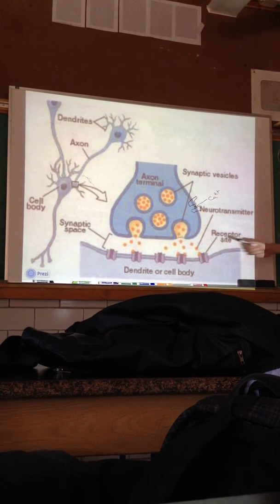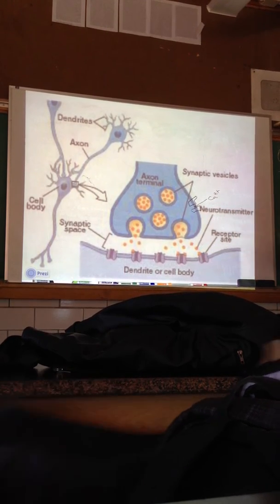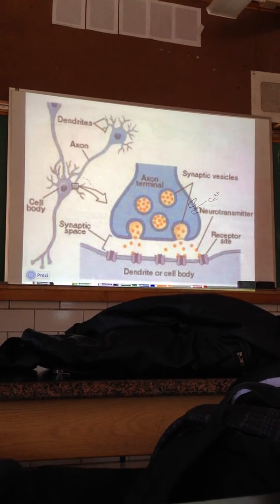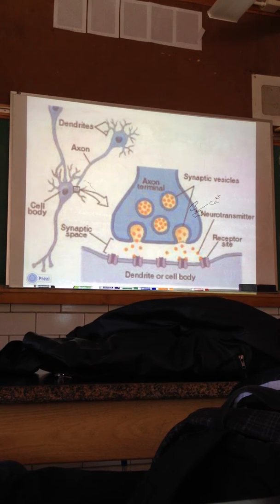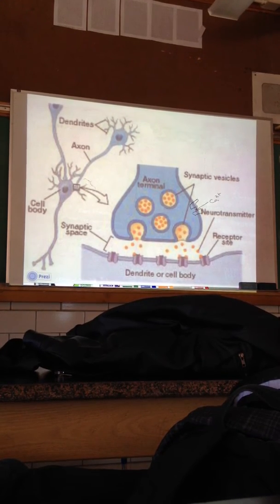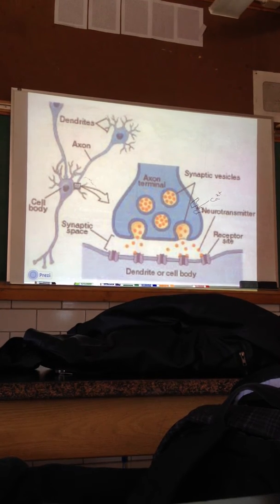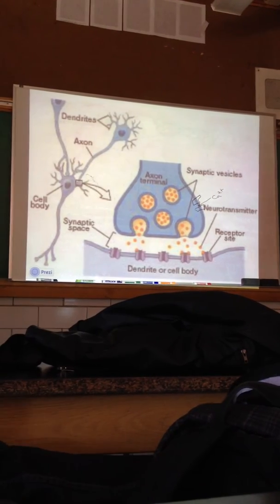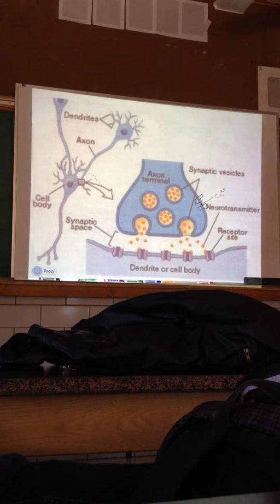When these neurotransmitter molecules bind, they can either excite the next neuron and cause it to form an action potential, which would then proceed down that next neuron in the sequence, or alternatively, they can inhibit the next neuron. And here's a couple of examples. And if you state these examples, you'll earn those extra points on this essay question.